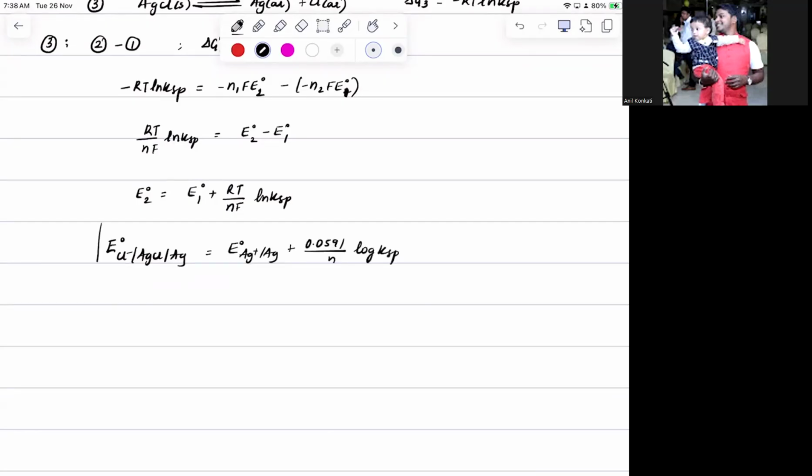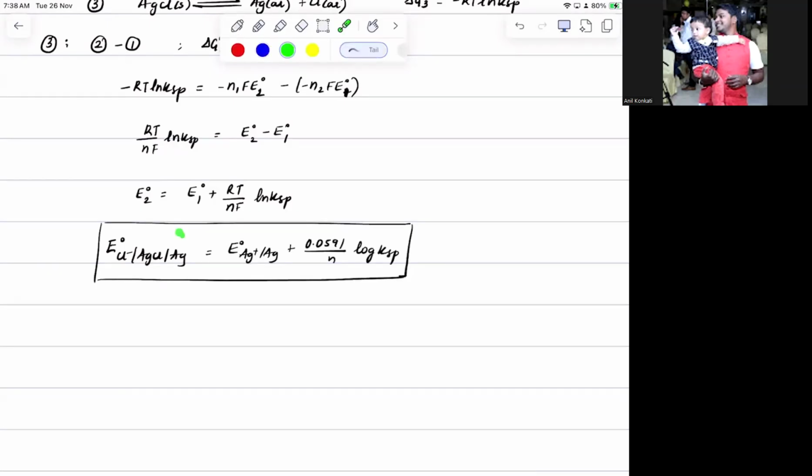So this is an extremely important relationship whenever we want to relate. In most of the questions, this value is not given, only this value is given. So first you need to calculate this E naught value to do any solving part. For that, this will be very, very useful. E naught of silver would be given, KSP value will be given. Use that first, calculate what is E naught for the sparingly soluble salt.